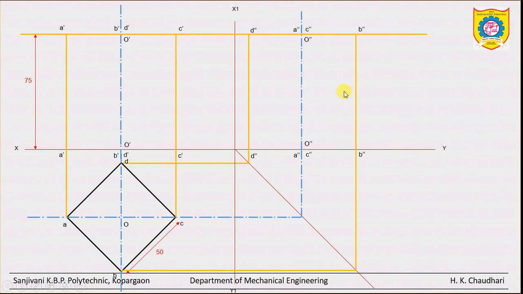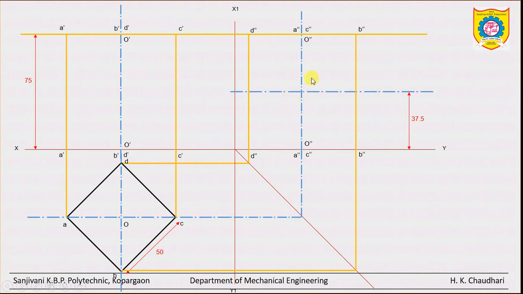For the intersecting prism, the position of the axis is given. How? They bisect each other at right angles. The height of the vertical prism is given as 75, so take the midpoint of this axis, 75 by 2, a distance of 37.5 mm, and draw the horizontal axis.